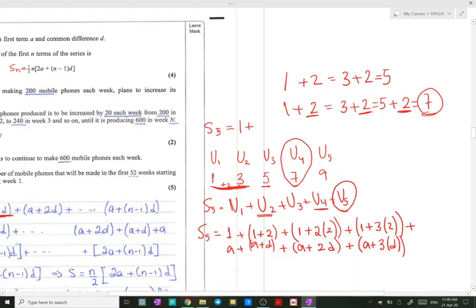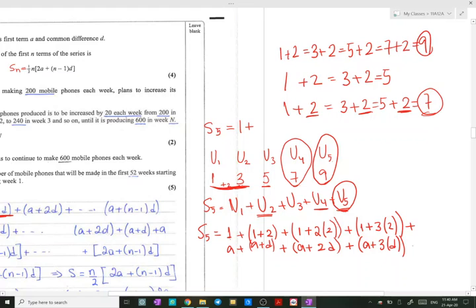U5. We need to express U5. The value of U5 is 9. So how did we reach 9? Using the common difference and the first term. It's 1 plus the common difference once, plus the common difference twice, plus the common difference 3 times, plus the common difference 4 times.